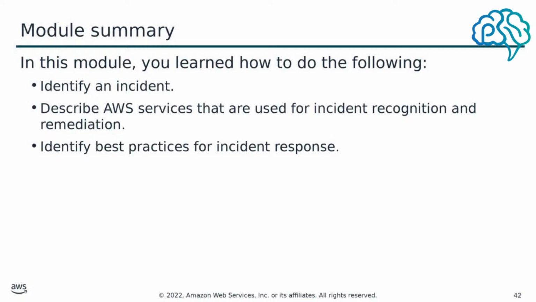If we are going to really wrap things up here, some of the things that we talked about were identifying an incident, describing AWS services that are used for incident recognition and remediation, and then identifying the best practices for those services. To wrap things up, I would say that the biggest thing with security response is preparation.